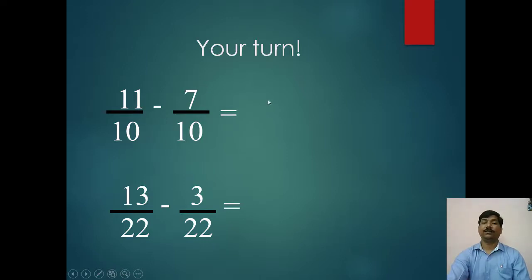To get the numerator of the resulting fraction, we will directly subtract the numerator of the second fraction from 11. So here the difference will be 4, and what about the denominator? The denominator will be kept the same. The result will be 4 upon 10.